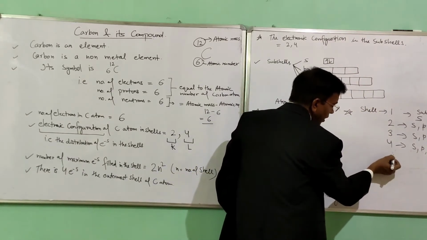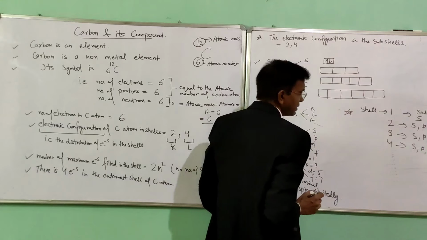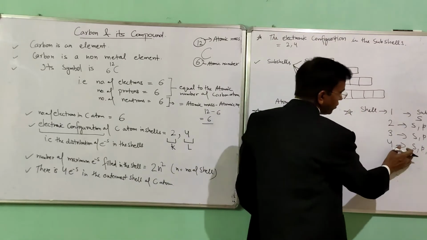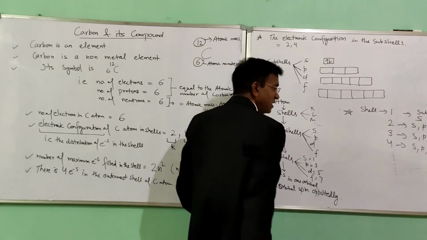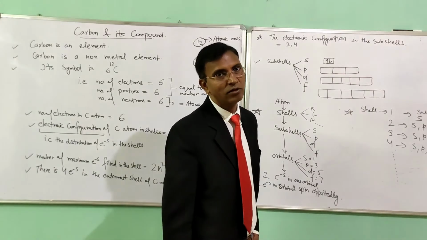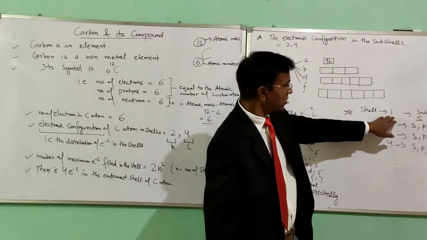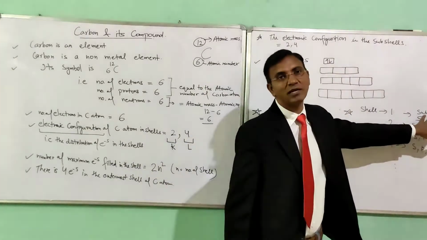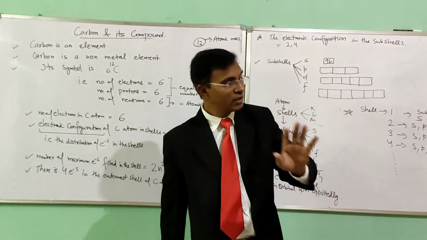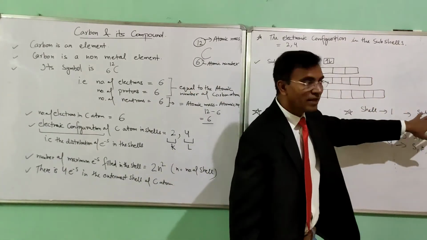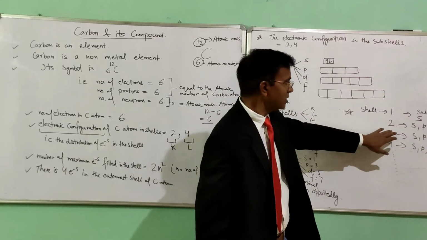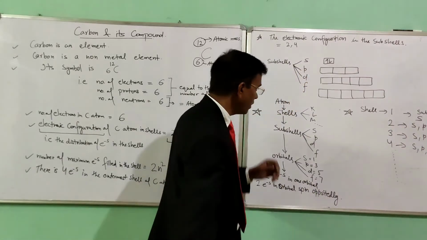But in the first shell only the S subshell is present, no P, no D, no F. In the second it is S and P only, and in the third it is S, P and D only, right?